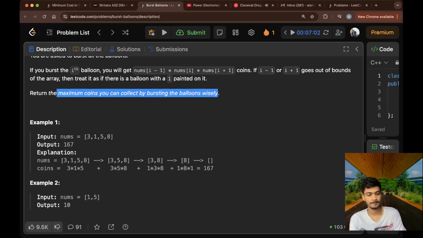Okay, we can burst from i to n, and the coins we are going to get, let's say burst 1 now. When we burst 1, we get the coins as 3 into 1 into 5.